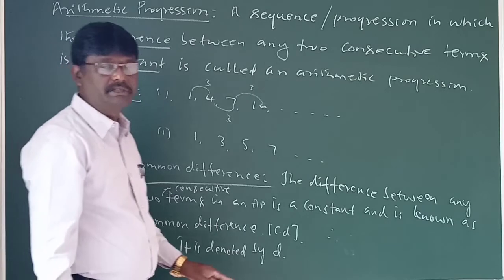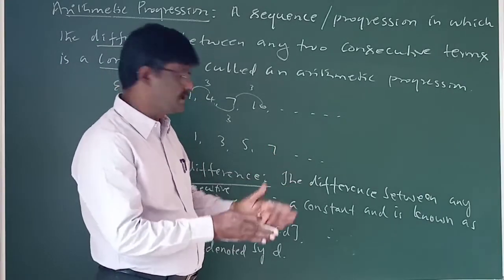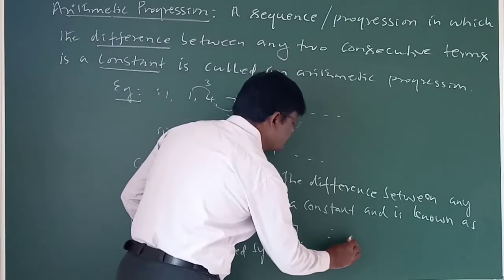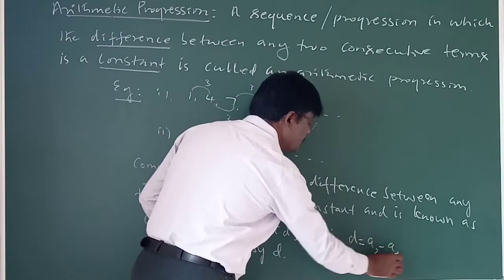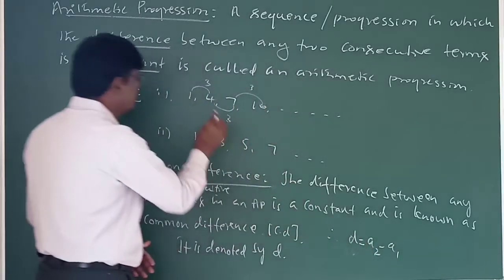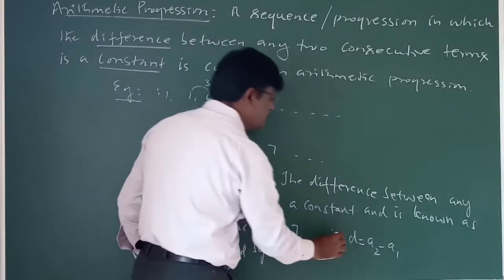Already we know the terms of a sequence are denoted by A1, A2, etc. Therefore, one simple formula we can have is A2 minus A1, second term minus first term, which gives that common difference.